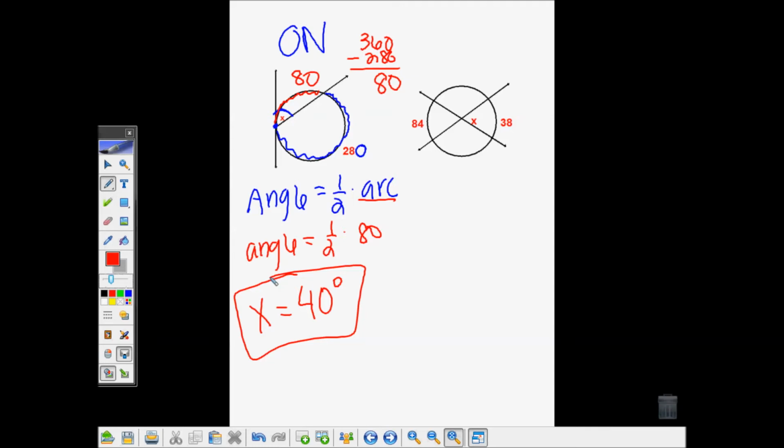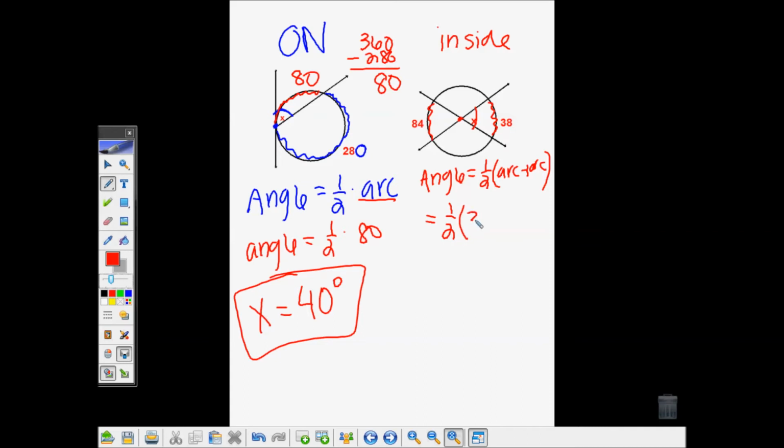Next, again, look for where they intersect. This one is inside the circle. It's right there. So my formula: angle equals 1/2 times arc plus arc. I want to solve for the angle x. I need to plug in 1/2 times the arcs, 38 and 84.